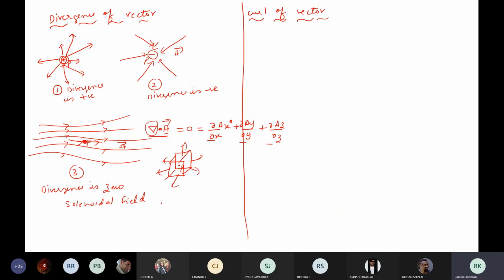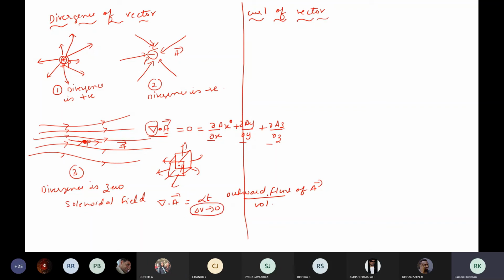We can write divergence of a vector, del dot A, as equal to the total outward flux of the vector A per unit volume, as the volume shrinks to 0. So the definition of divergence is the total outward flux per unit volume as the volume shrinks to 0.